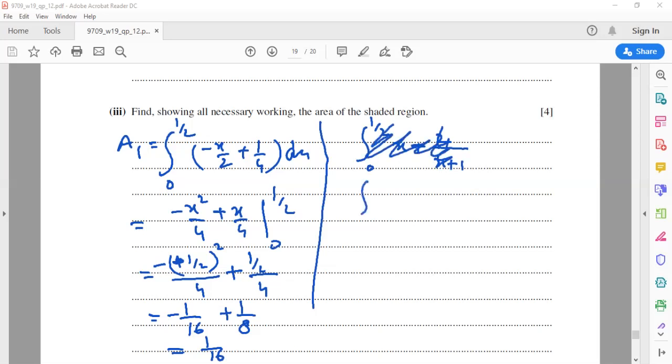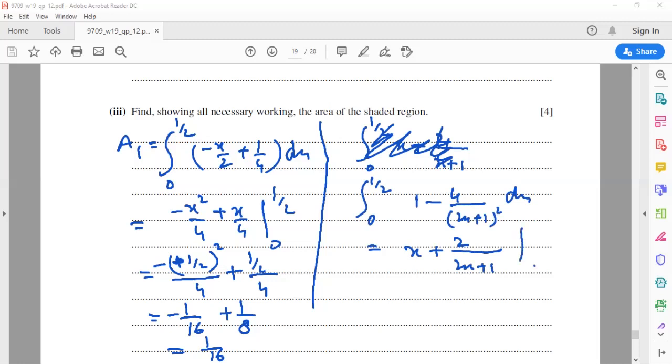So we will integrate from 0 to 1 by 2, 1 minus 4 over (2x plus 1) whole square dx. Since we have found the integration in the first part, that was x plus 2 over 2x plus 1.